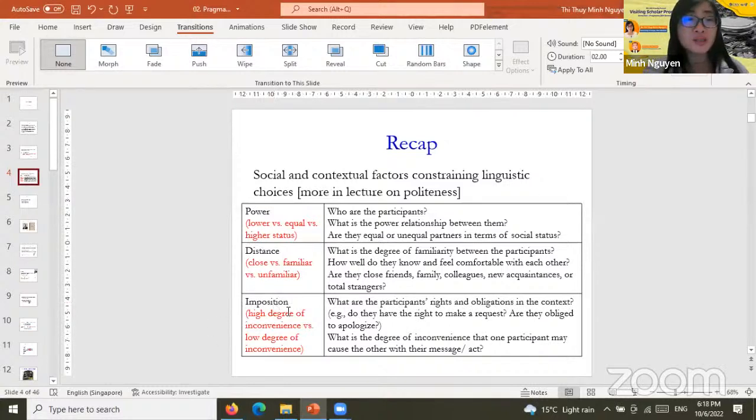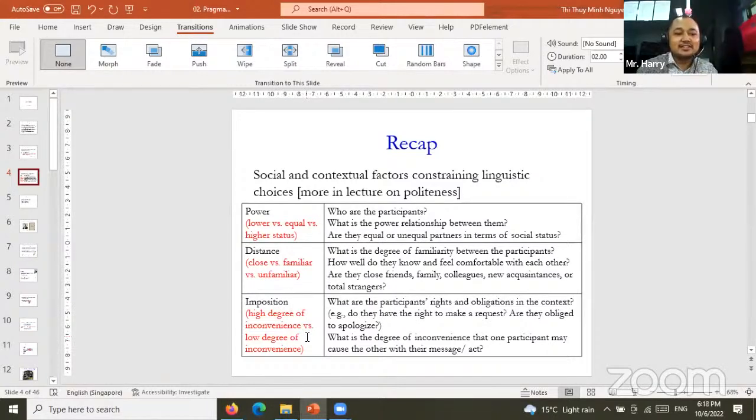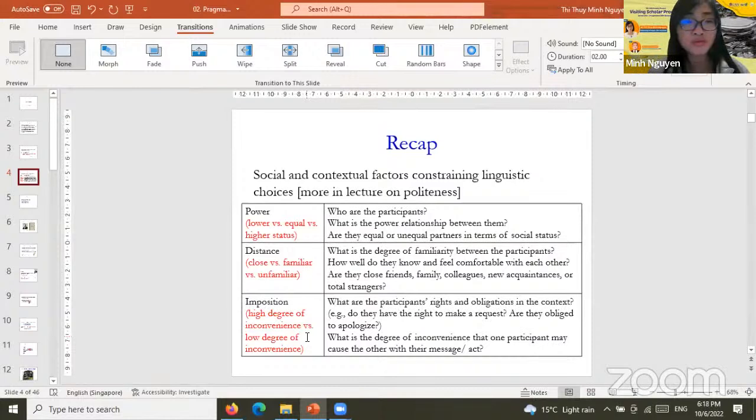In terms of imposition, we mean what the participants' rights and obligations are in the context. For example, if I make a request for you to turn on your camera, and I say, can everyone turn on your camera, please? Do I have the right to make such a request?